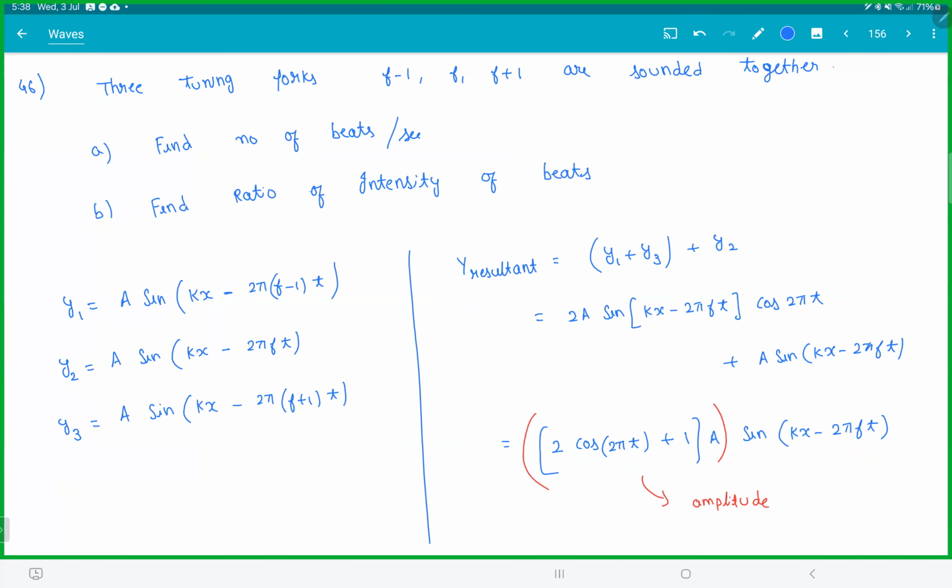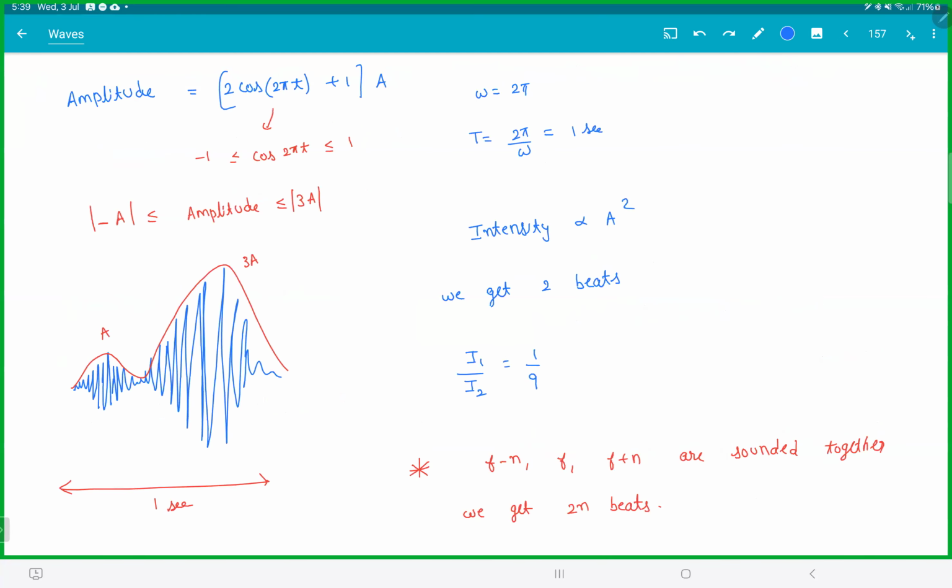That function repeats itself after every 1 second. That means when that 2πt value goes from 0 to 2π, the cos value will go from minus 1 to plus 1, isn't it? Yes, I got it. This here is omega.